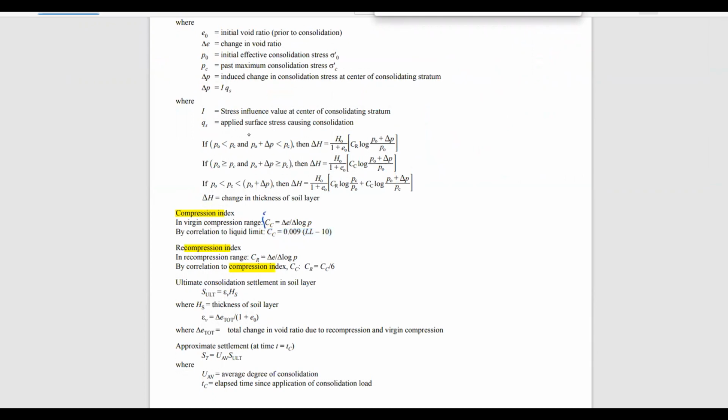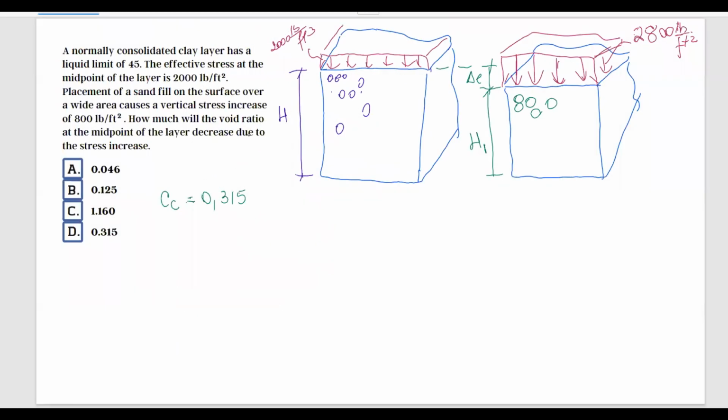I'm noticing there is a formula which has a relation between the compression index, the void ratio, and delta log p. Let's go ahead and write this formula down. C sub C equals the change in void ratio divided by the change in consolidation stress.